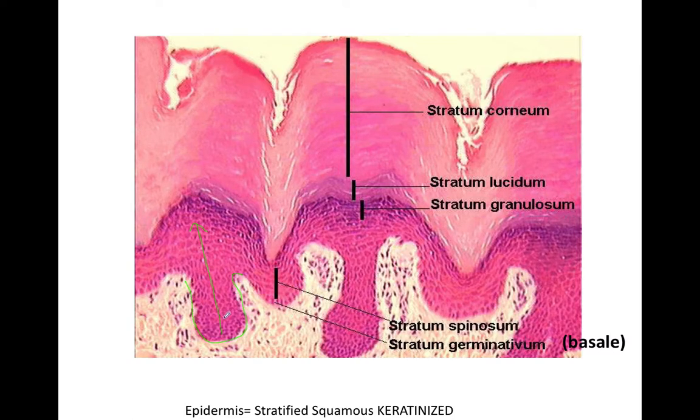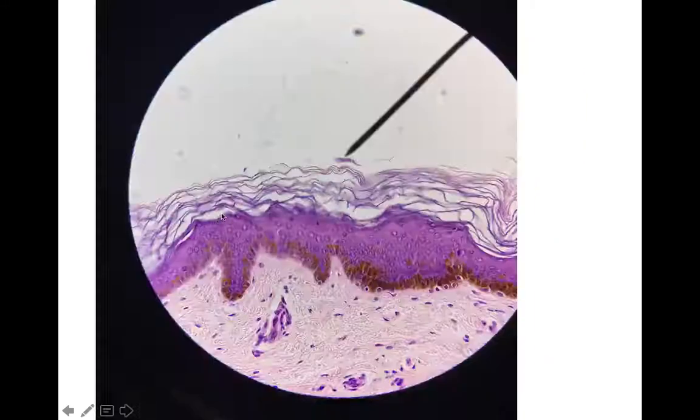How do you know this is stratum spinosum? Because it's right above the stratum basale. And once you get to this darkened area up here, you're going to see actual granules in these keratinocytes. So then you know you are in the stratum granulosum.